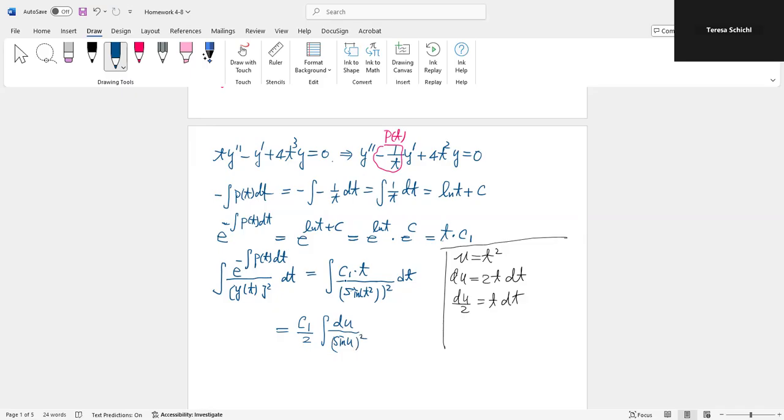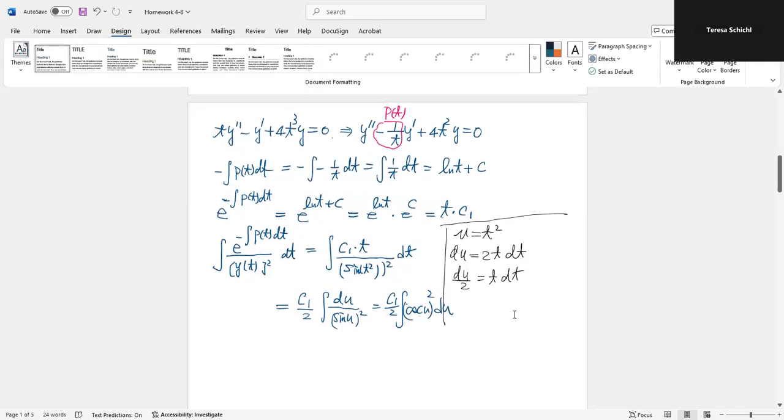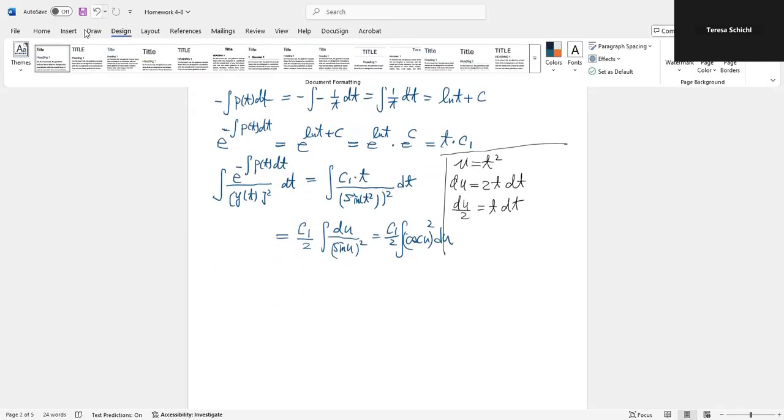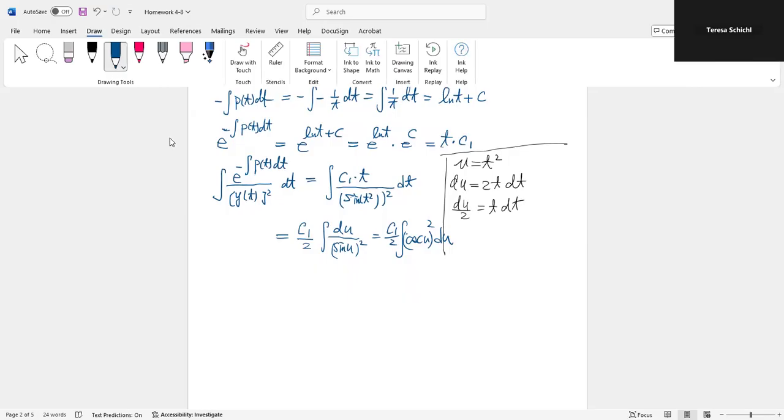So now this is c1 over 2 times the integral of du over sine squared u, which is cosecant squared u du. Now the integration turns out pretty easy, not too bad.